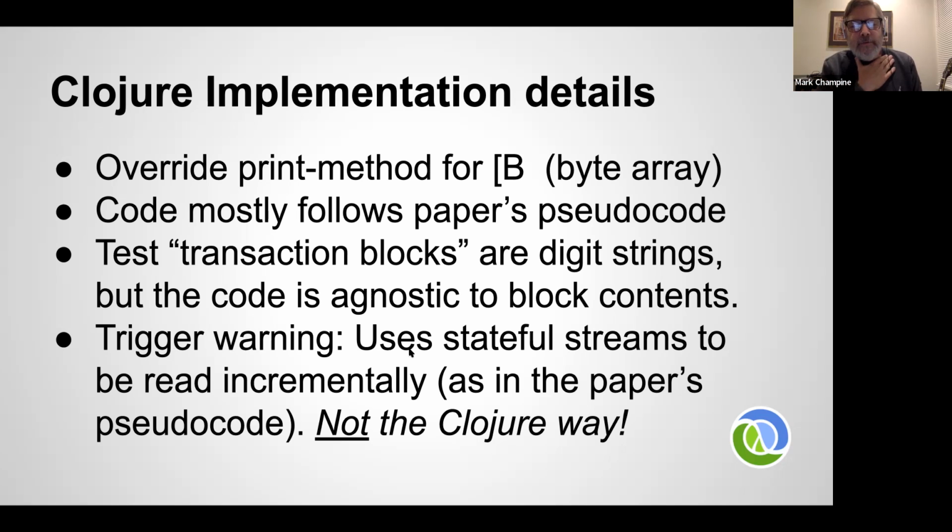In order to force the code to deal with the streams as a stream, and not, say, as a lazy sequence, I created a wrapper around the file which presents a stateful stream interface.